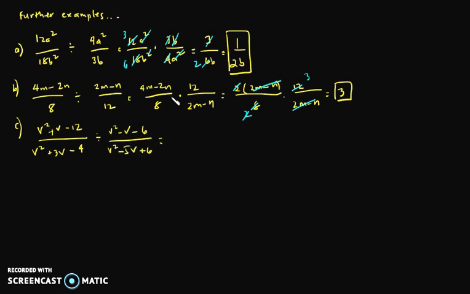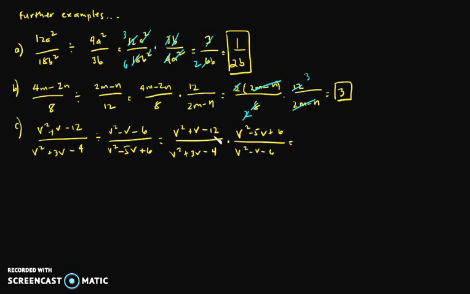Okay, so rewriting this, that gives me b squared plus b minus 12 all over b squared plus 3b minus 4 times, okay, the reciprocal, so that gives you b squared minus 5b plus 6 all over b squared minus b minus 6. And then obviously these are all general trinomials, so I need to factor these out.